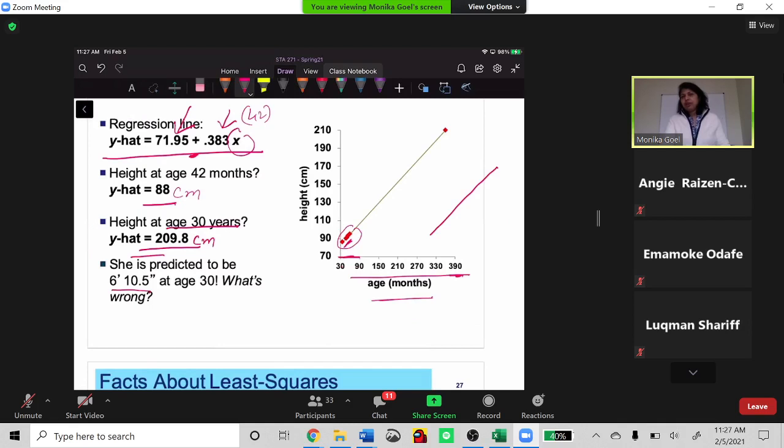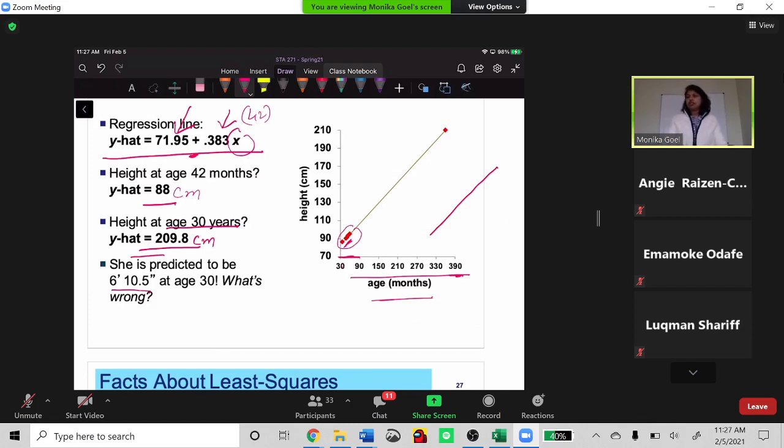If this is the pattern, and this is just the regular pattern given in this chart, then that means no matter what, you keep on growing at the age of 30 also. And we all know that we stop growing at a certain age. Our height does not grow after a certain age.